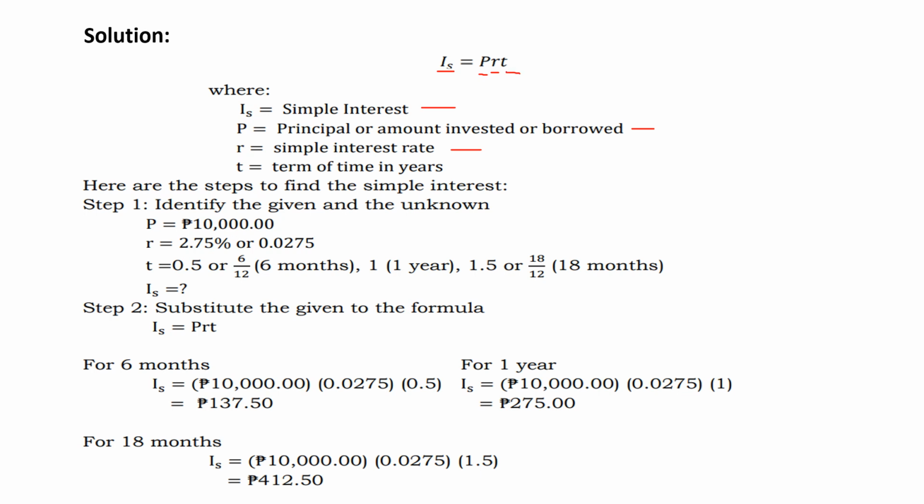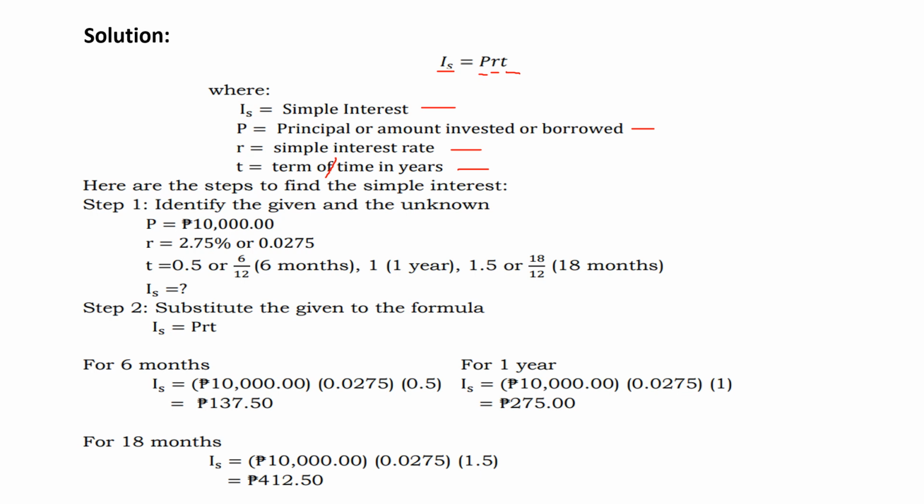And T is the term or time in terms of years. Now, with the given example, we need to follow certain steps to solve for the simple interest that is unknown for 6 months, for 1 year, and for 18 months.